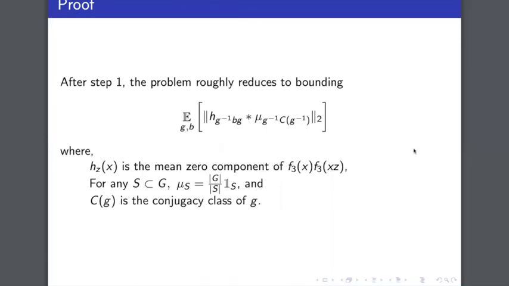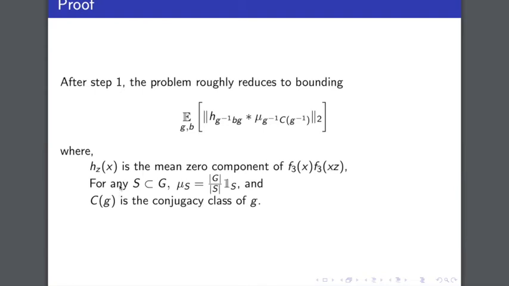Now that we are done with step 1, the problem roughly reduces to bounding a term like this, which is the expected value of an L2 norm of a function like this. And this function is a convolution of two functions, this h function and the mu function. What are these functions? h_z of x is the mean zero projection of this product function, which is f3 of x times f3 of xz.